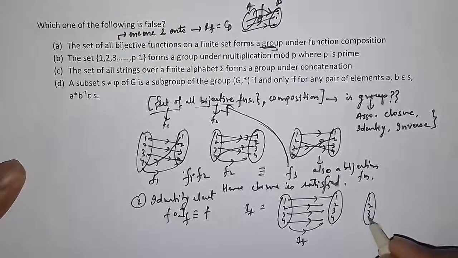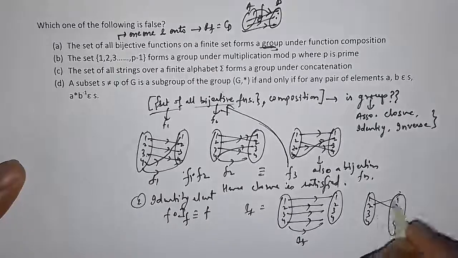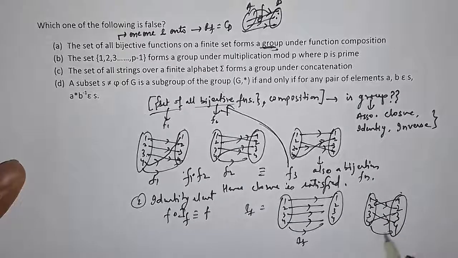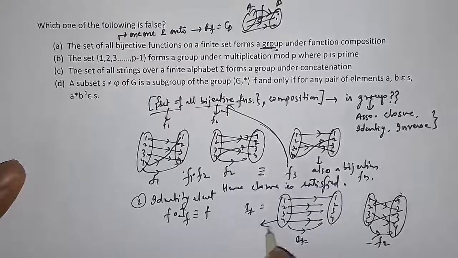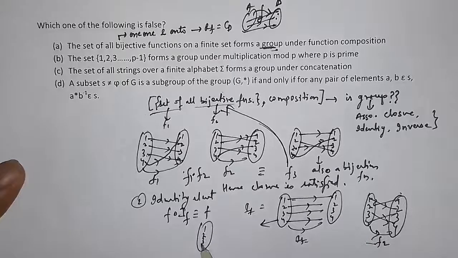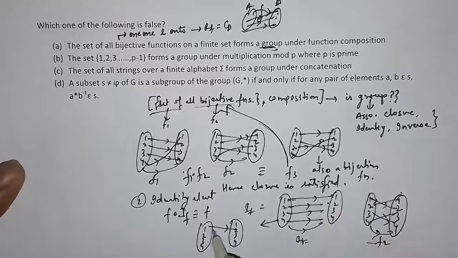We have function 1 2 3 4, 1 2 3 4. When we compose both I_f with f2, the result we get 1 to 1, 1 to 2, 2 to 2, 2 to 1, 3 to 3, 3 to 4, 4 to 4 and 4 to 3.